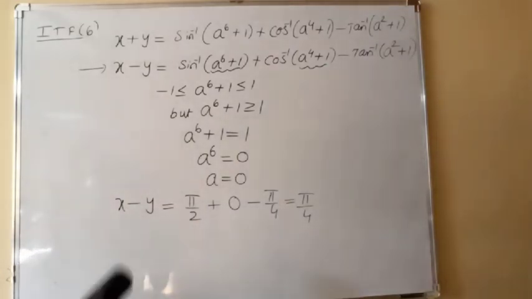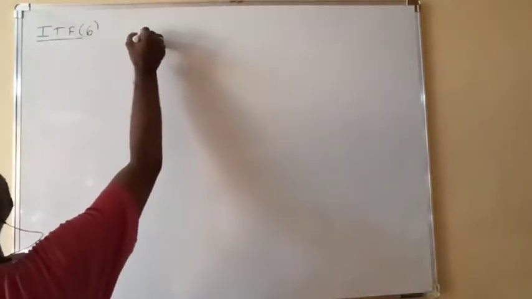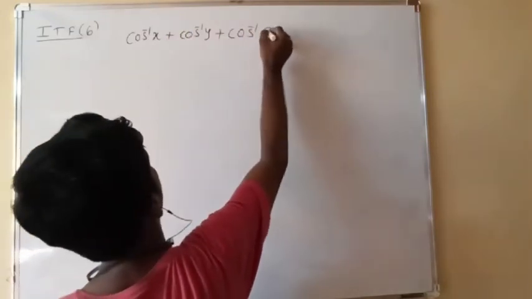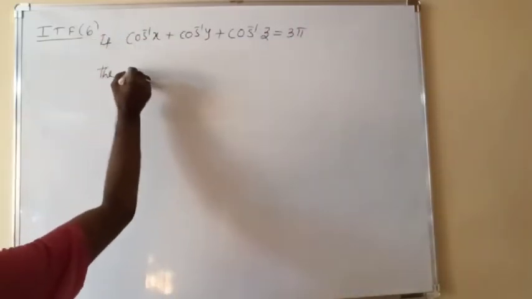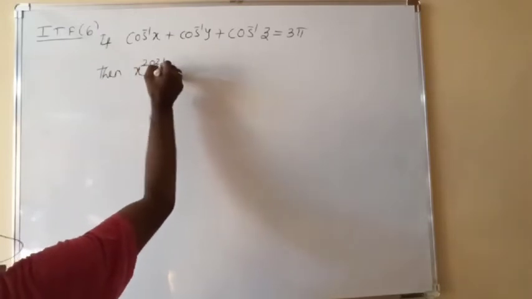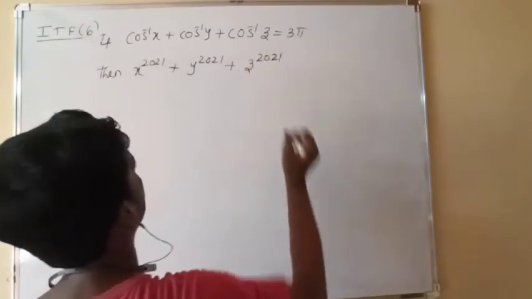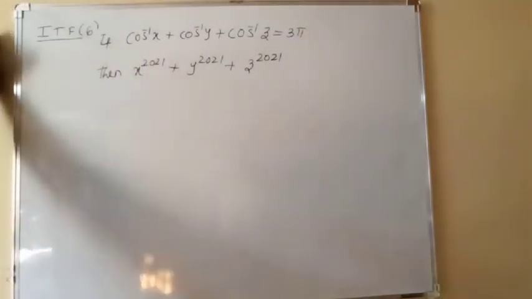Next, one more interesting model problem. This is also an easy problem, just based on domain and ranges. If cos inverse x plus cos inverse y plus cos inverse z is 3 pi, then what is x^2021 plus y^2021 plus z^2021? See, the LHS contains all the same functions but different arguments x, y, z.